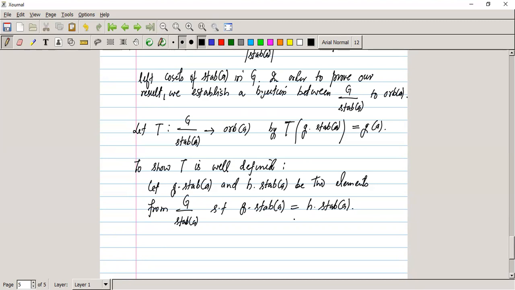Since these are two cosets, by the definition of cosets, either two cosets are identical or they are completely disjoint.